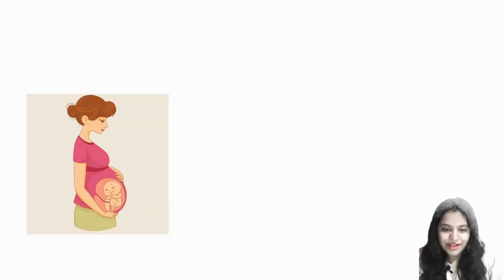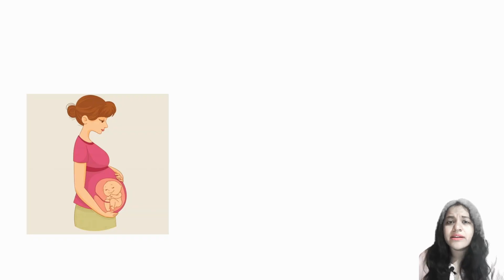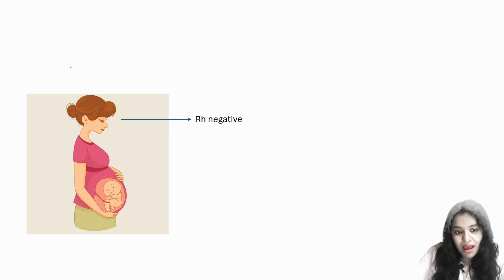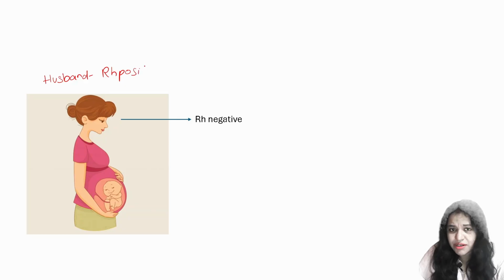Okay, now let's see this pregnancy. This is a very calm, very uneventful pregnancy till now. Now in this, the mother is RH negative, any blood group but RH negative. Her husband is RH positive. Again any blood group, but we have to focus on this RH positive and negative.